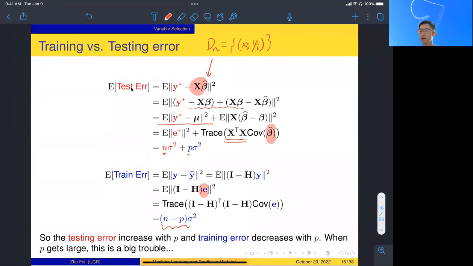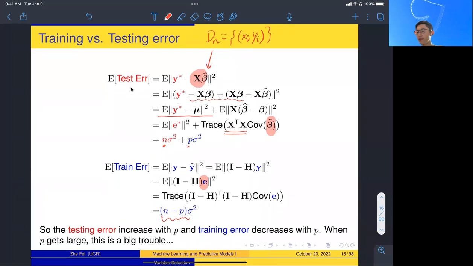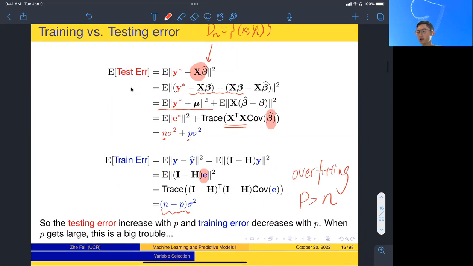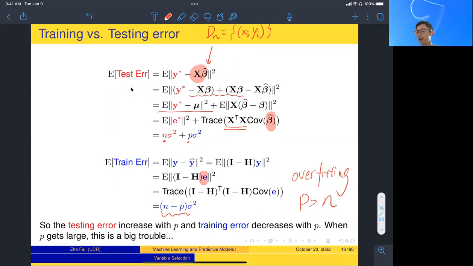This explains the previous pattern that we observe in our plots, and that is why it becomes problematic as P becomes larger than N: essentially we have the overfitting problem on the training data. So it shows one of the challenges or problems if we use classic linear regression to fit the P greater than N case.